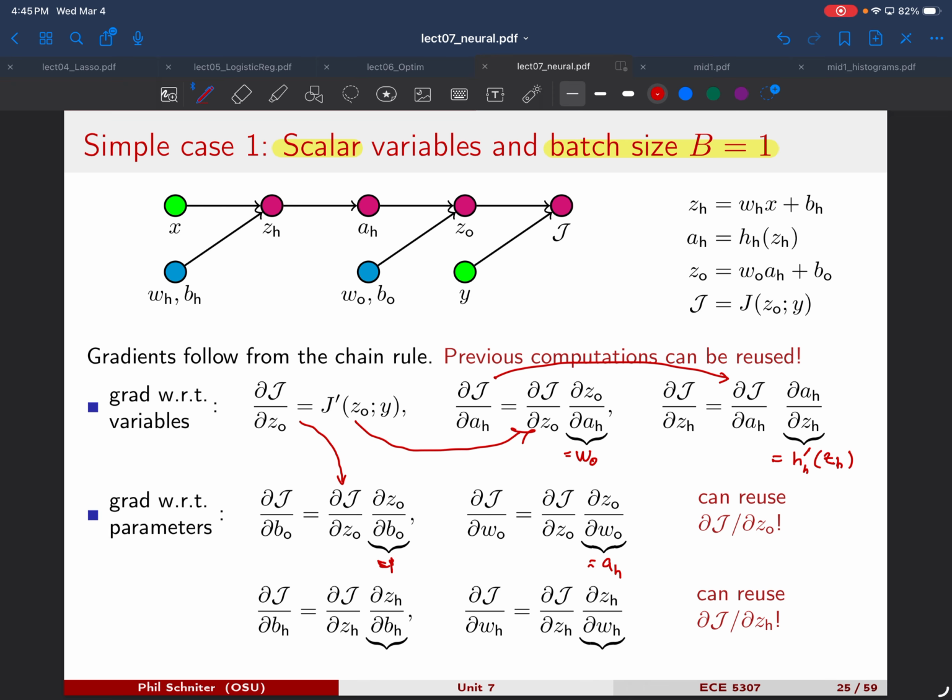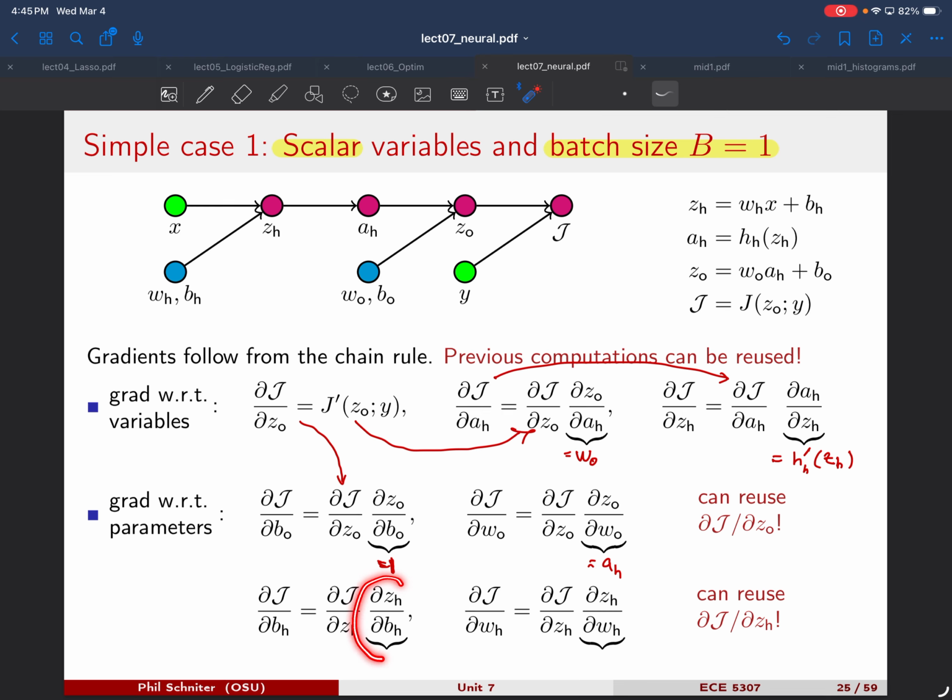Okay, and then the only remaining parameters are these. Again, because we know dJ/dZH, we don't have to worry about those intermediate variables. We can just do dJ/dZH times dZH/dBH to get dJ/dBH.